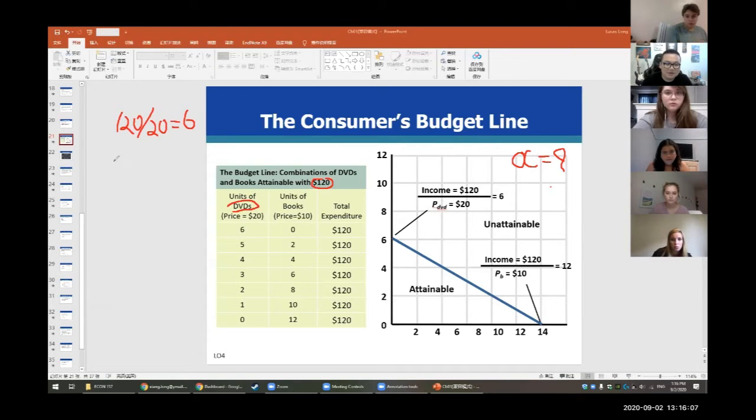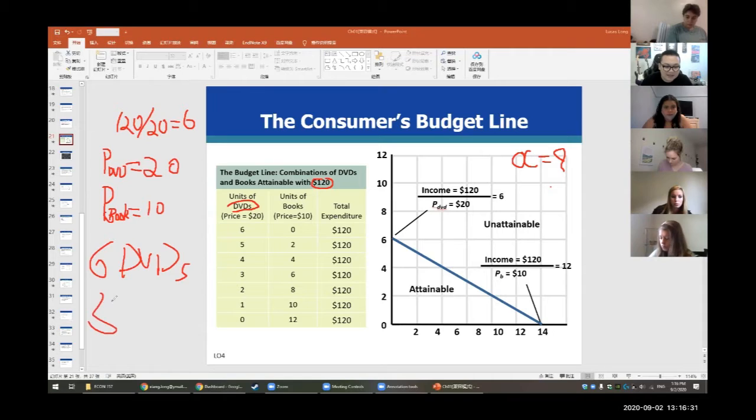Okay, so because the price of the DVD is equal to 20, and the price of a book is equal to 10, in this case, if instead of buying 6 DVDs, you only buy 5 DVDs, which means you have $20 left.